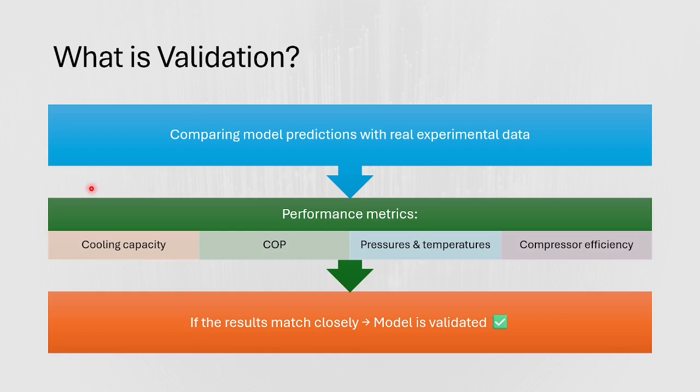In our validation, there are some performance metrics. In our case, the performance metrics are the cooling capacity, COP, pressure and temperature, and compressor efficiency. If the simulation predicts the cooling capacity, COP and pressure within a small margin of error, we can trust the model for further use.